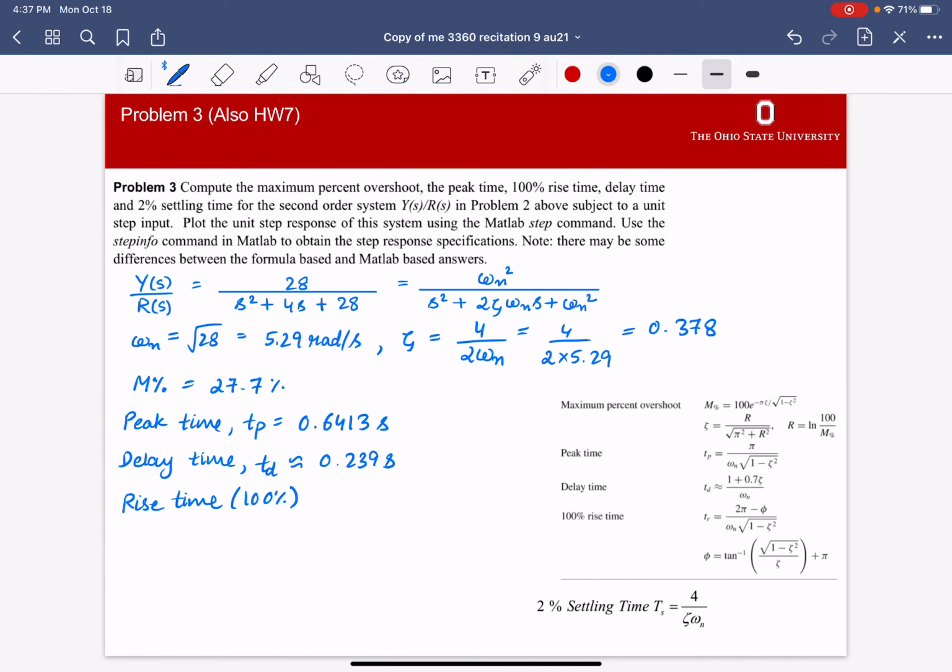That's the expression that's given there, and this would give us t_r as 0.399 seconds.